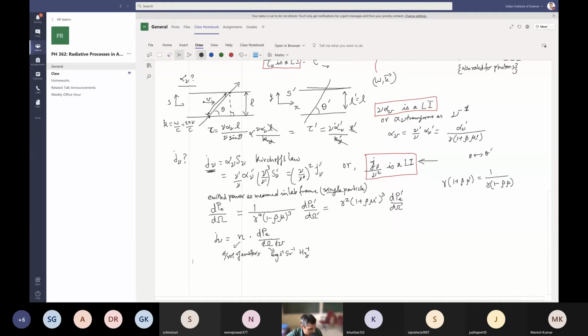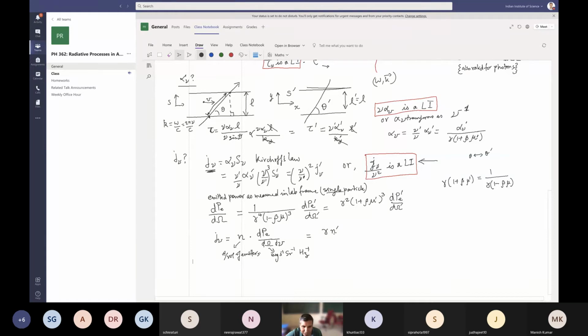Okay, so what about this one? Let's see, how does the number density go? This is in the lab frame. The number density is higher in the lab frame because of Lorentz contraction along the direction of the motion. So this is equal to gamma n prime.